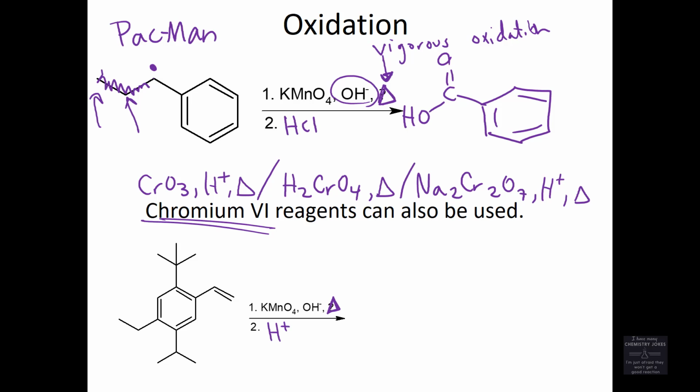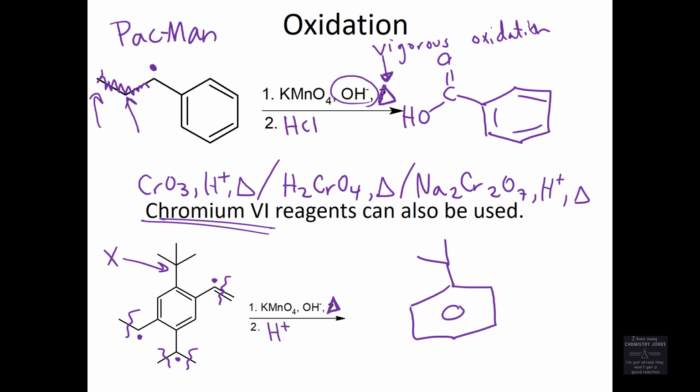The only thing is you cannot oxidize a tertiary side chain. This benzylic carbon can make a radical. So can this one, but this one, no go. That one is not oxidizable through this vigorous oxidation reaction.